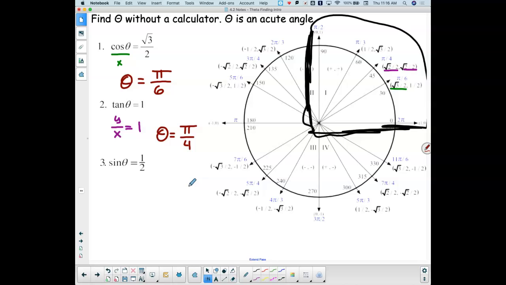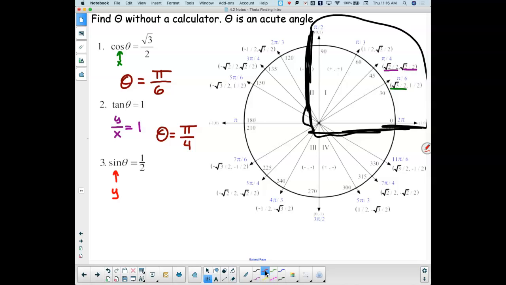Sine is y's, right? Immediately I want to change this. I want to go like this. I like that better. And it doesn't look like I made a fraction out of it. Okay? So where is the y value 1/2?